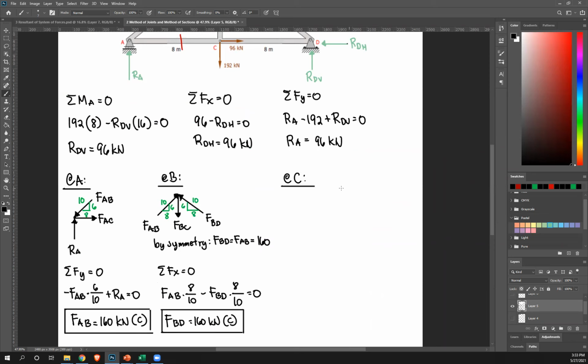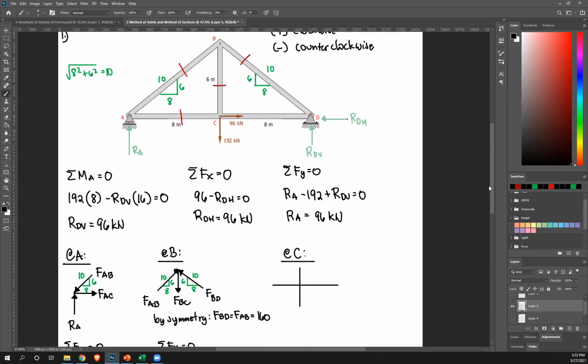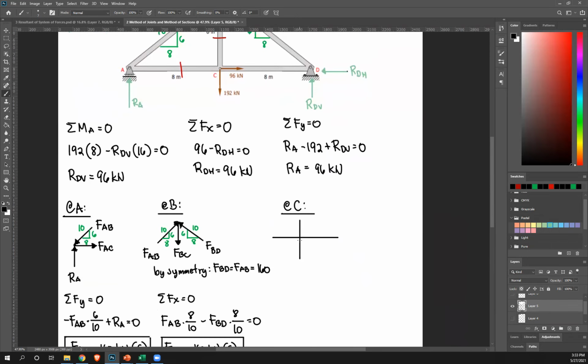So isolating that, then we also have, this is an external force, 192. We have another force here, 96. Then internal forces for each member.